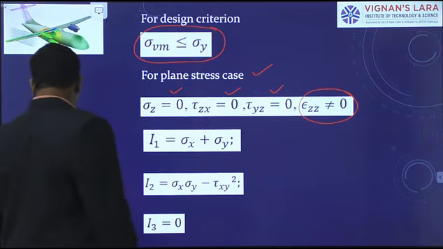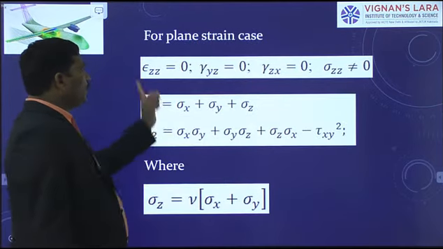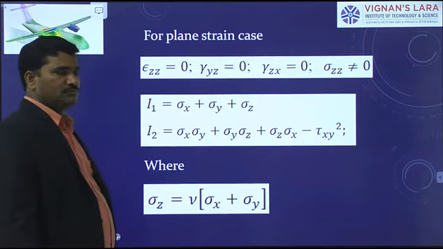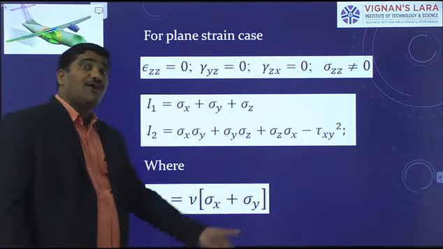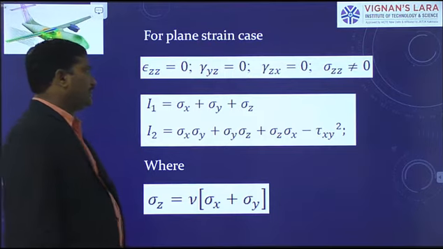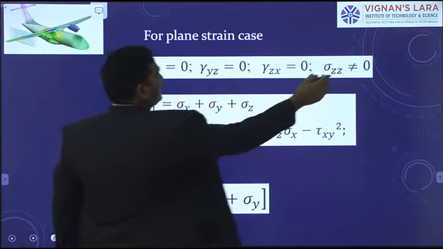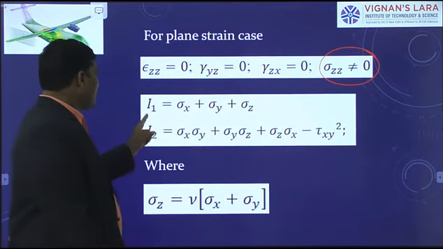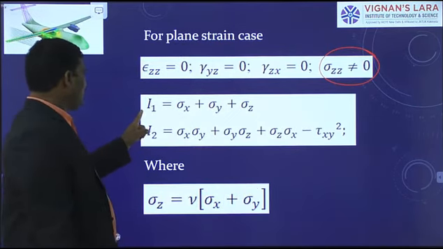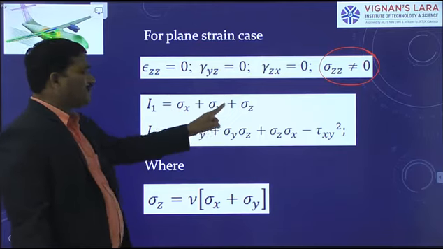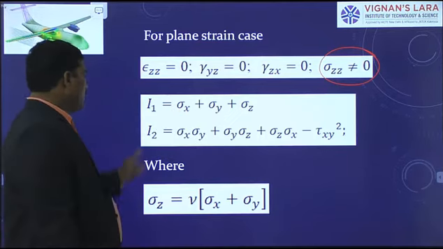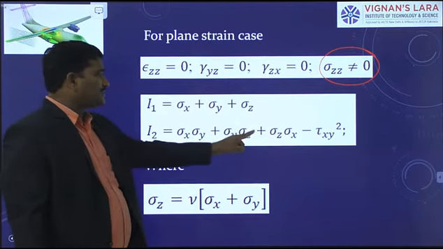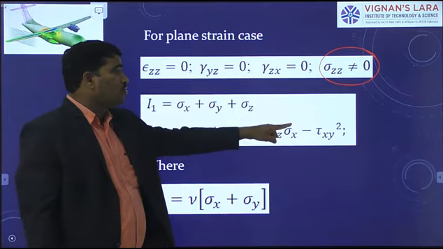Right? Now we shall see the plane strain case. For plane strain case, in-plane strains are non-zero. The strains out of plane are zeros. And moreover, sigma z is not equal to 0. You know this. Hence you get the stress invariants like this. I1 equals sigma x plus sigma y plus sigma z. And I2 equals sigma x sigma y plus sigma y sigma z plus sigma z sigma x minus tau xy square.